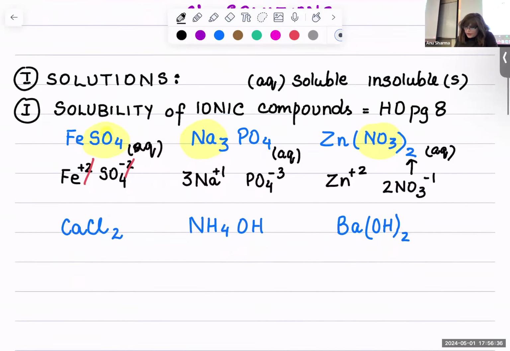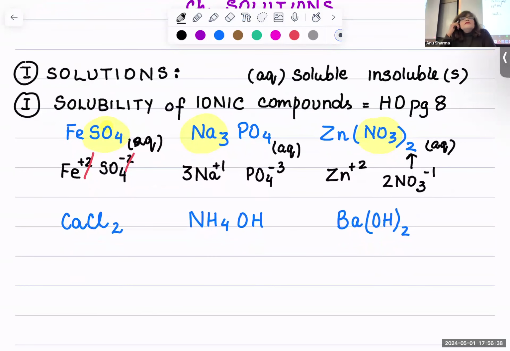What about calcium chloride? Soluble in water? All chlorides are soluble in water except which ones? Say that again. Lead, silver, and mercury, Hg, right?